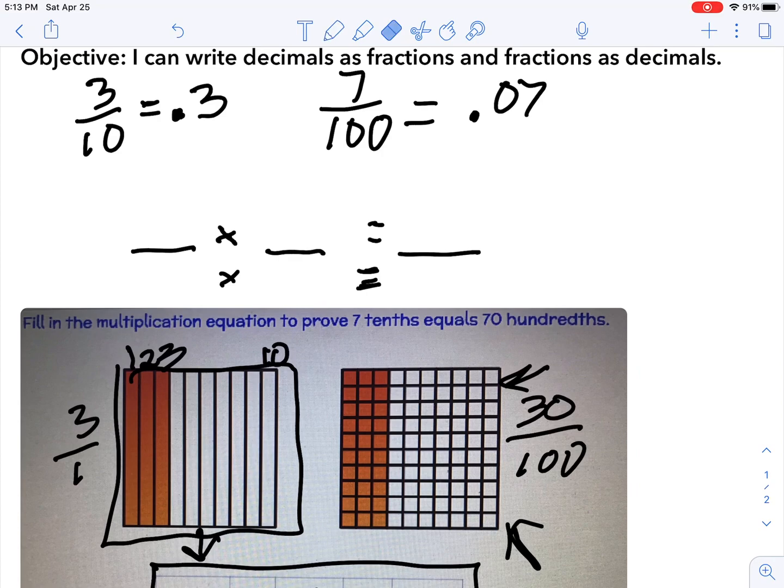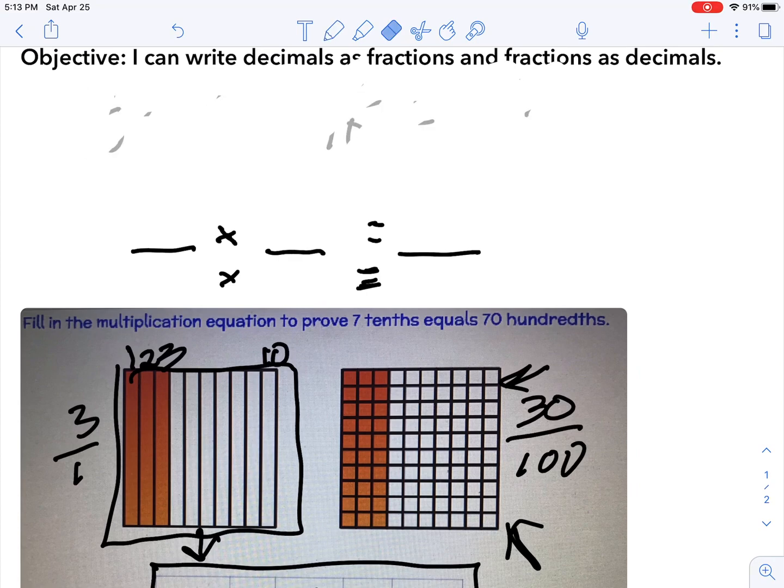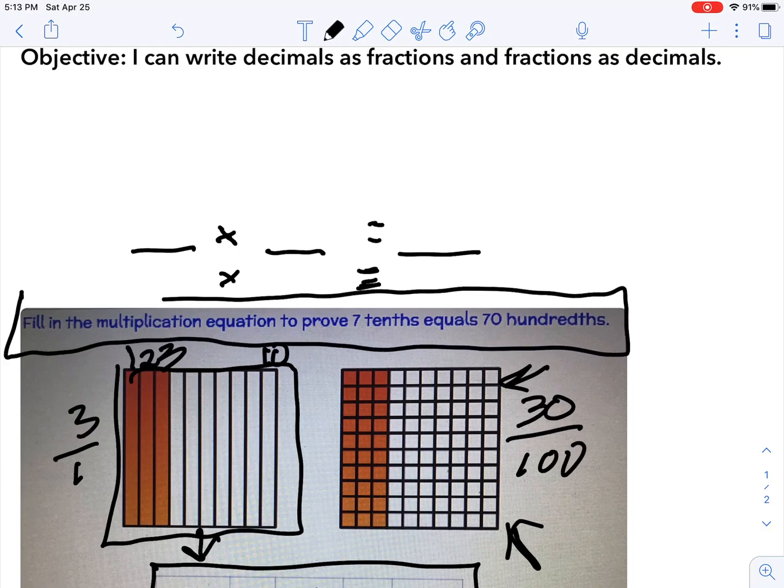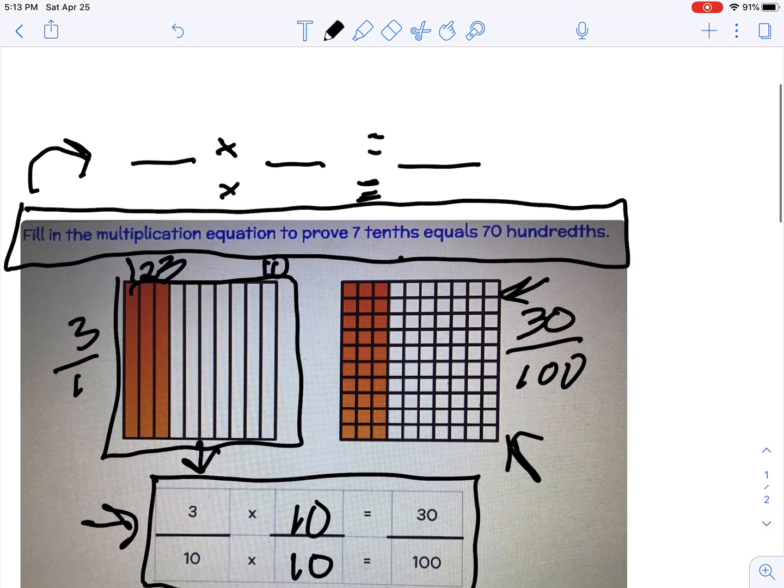All right? So what I want you to try first is, here's the directions right here in the blue. I want you to fill in that multiplication equation, that very nicely drawn one I did, to prove that 7/10 is equal to 70/100. How would you write that?